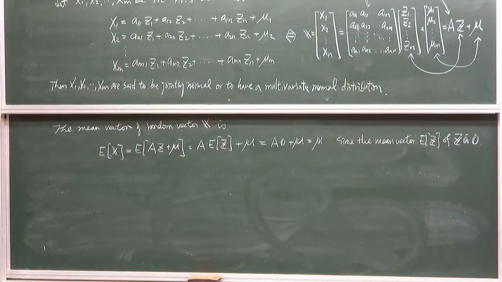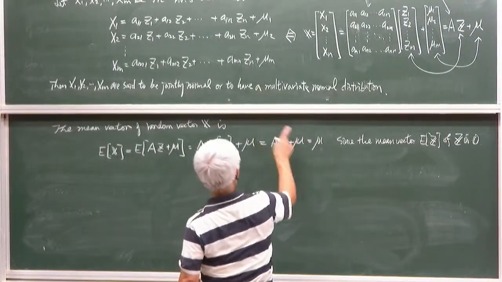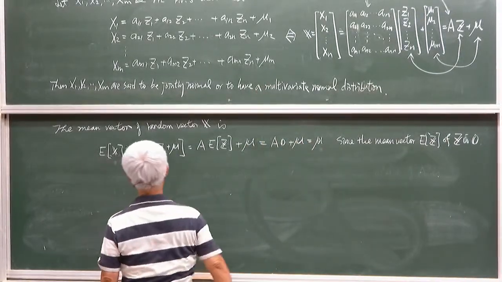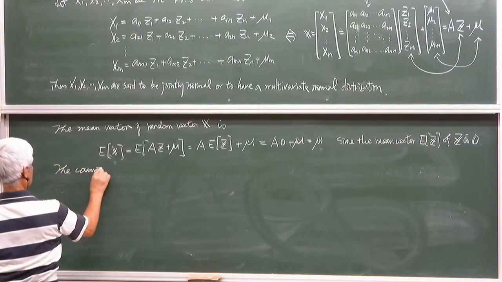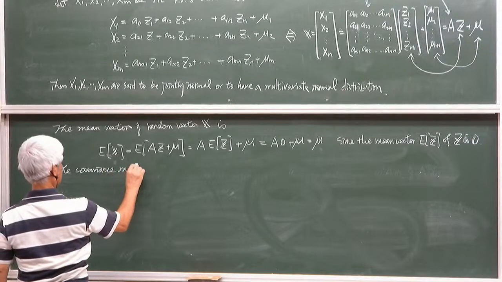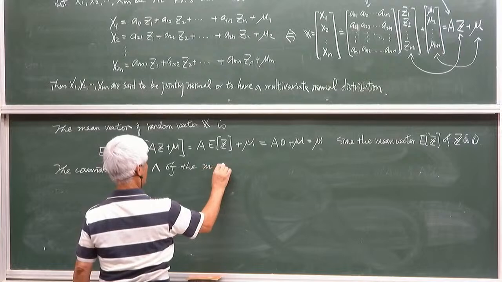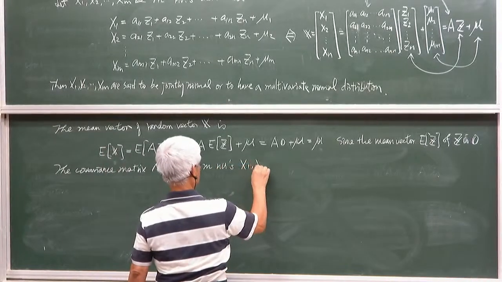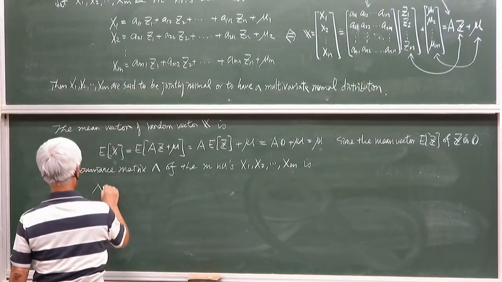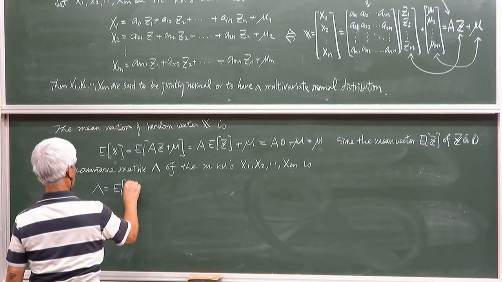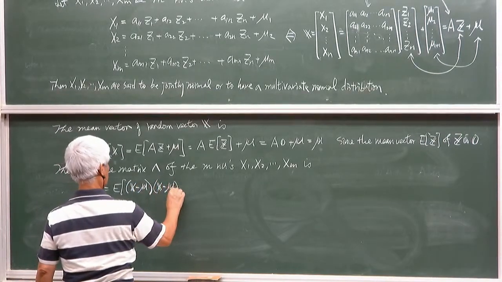So the mu here is actually the mean vector. And so the covariance matrix lambda of the random variables x1, x2 up to xm, x here, the transpose.